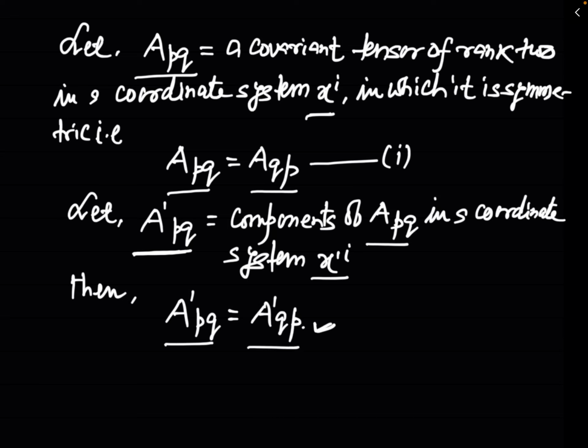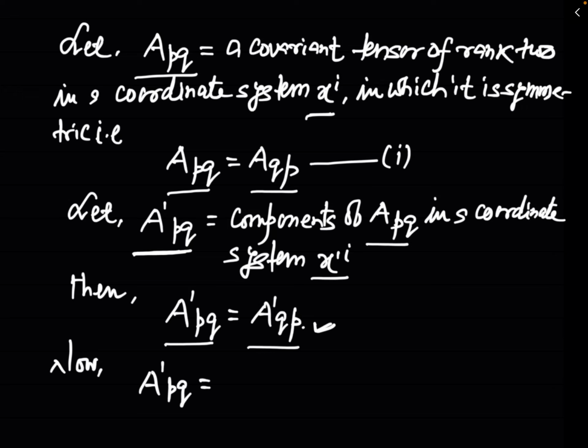That is A prime PQ is equal to A prime QP. We try to prove it by the law of transformation of tensor. So now you can see, applying the law of transformation of tensor of second rank, which is covariant tensor, let us see what will be this A prime PQ.